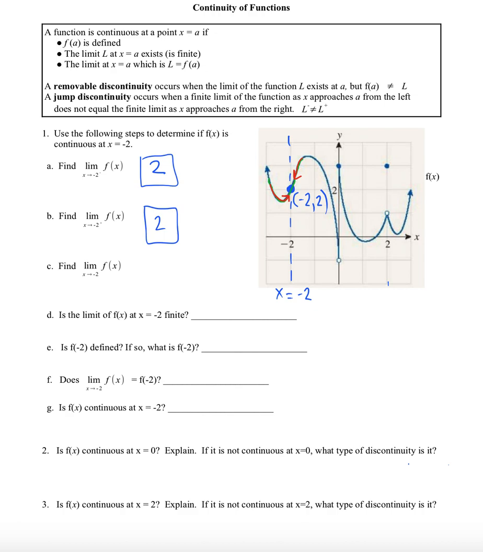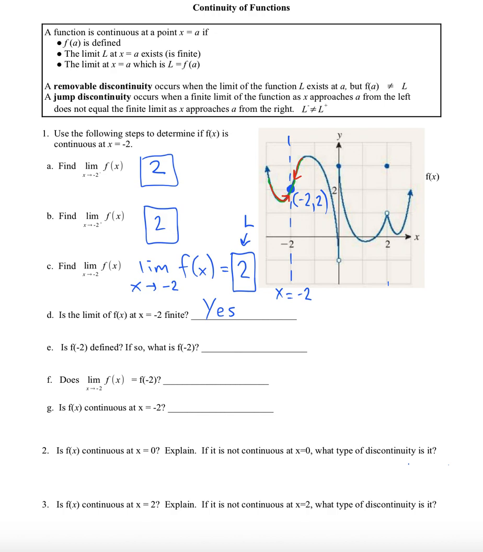So now we can decide what the overall limit is. The limit as x approaches -2 of f of x is 2. Is it finite? Yes. Now in the description above, they call that value L, the limit of the function at x equals a, and here a is -2.